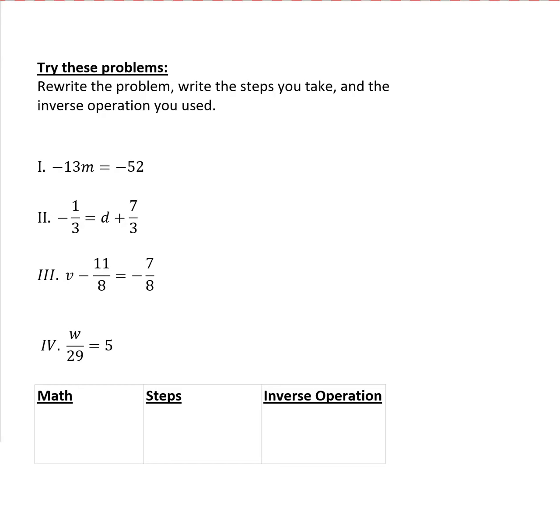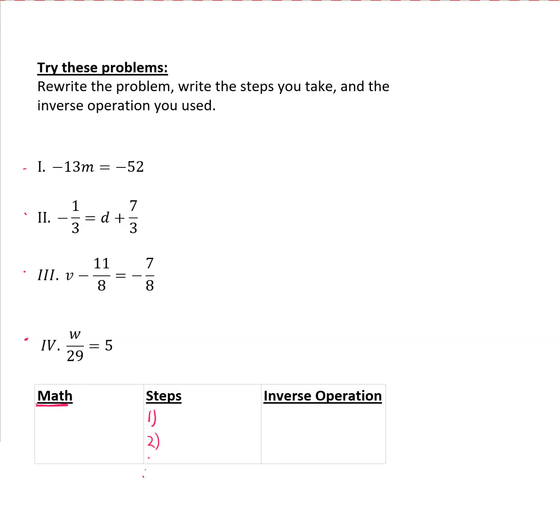Okay, as you can see on my screen now, I have 4 problems. 1, 2, 3, 4. I want you to try these 4 problems using the same method we used above. Show your math over here. Write out your steps. And then when you're done, tell me which inverse operation you used.